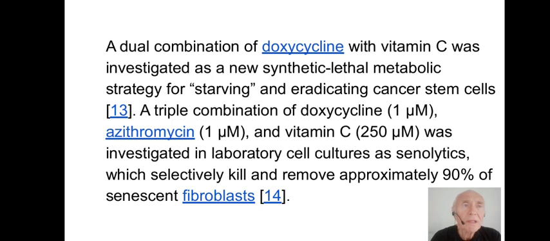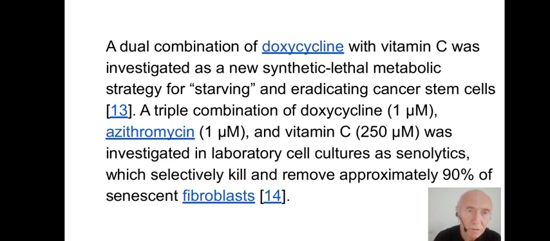A dual combination of doxycycline and vitamin C was investigated as a new synthetic lethal metabolic strategy for starving and eradicating cancer stem cells and also senescent cells. A triple combination of doxycycline, azithromycin, and vitamin C was investigated in laboratory cell cultures as senolytics, which selectively kill and remove approximately 90% of senescent fibroblasts.